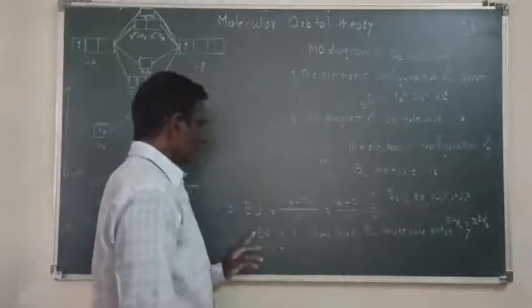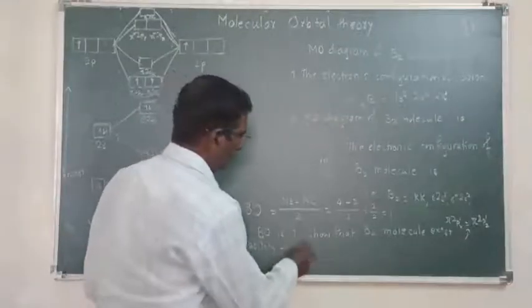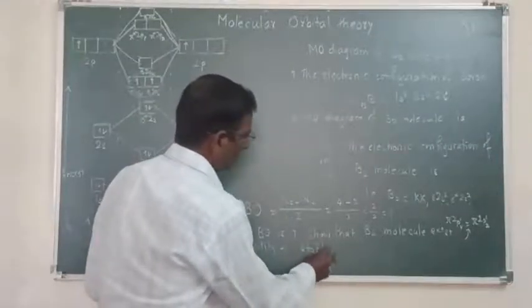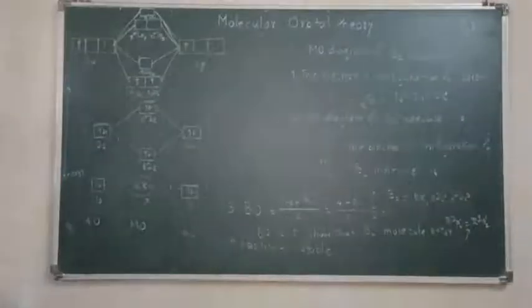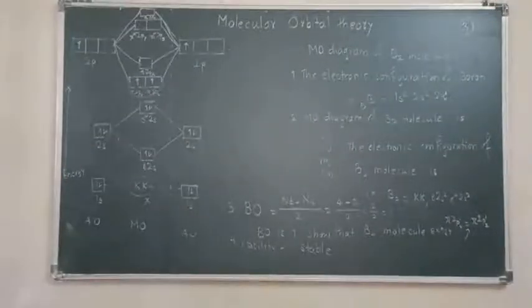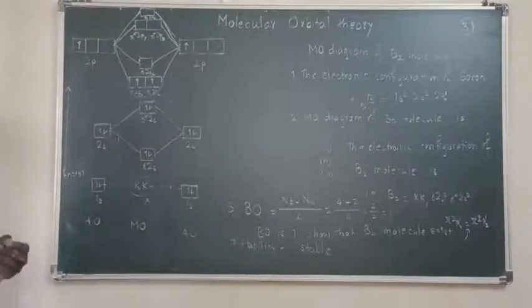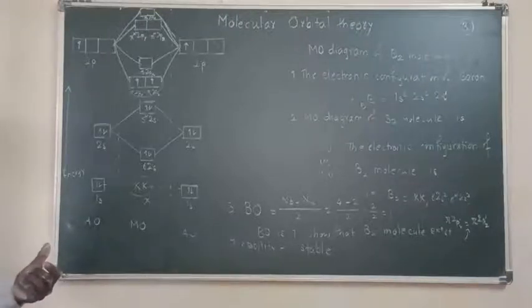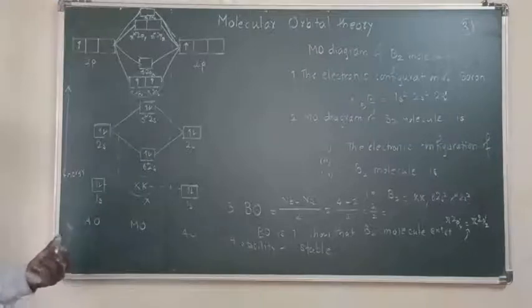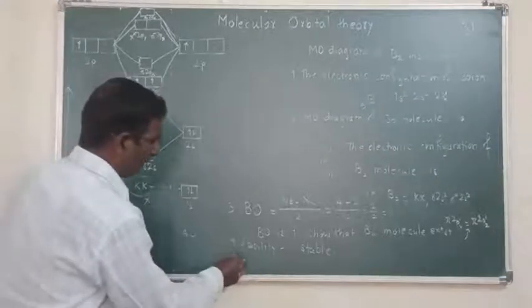Therefore, the reason is that bond order is 1, molecule is stable. You simply write or say molecule is stable or unstable. If bond order is 0 or negative, molecule is unstable. If bond order is positive, means 1 or greater than 1, then molecule is stable. Then fifth point, magnetic character.